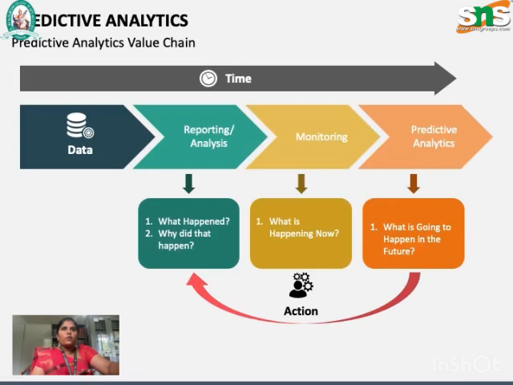Next, we develop the predictive model. We analyze the tools or techniques suitable for the particular problem statement and for the collected data sets, or we can use built-in data sets.